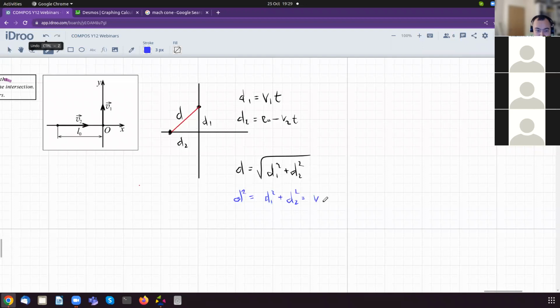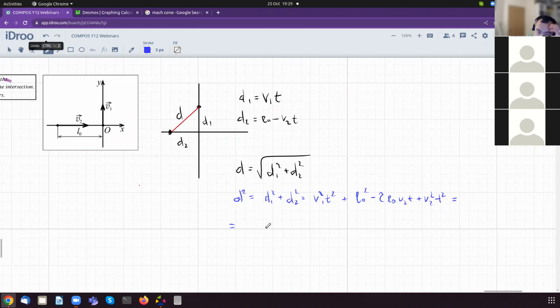D1 squared is V1 squared T squared, plus D2 squared, which is L0 squared minus 2 L0 V2 T plus V2 squared T squared.